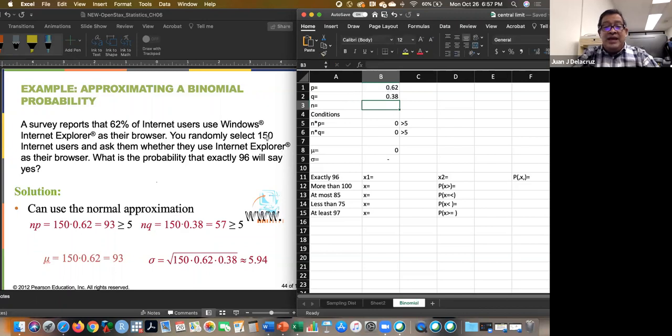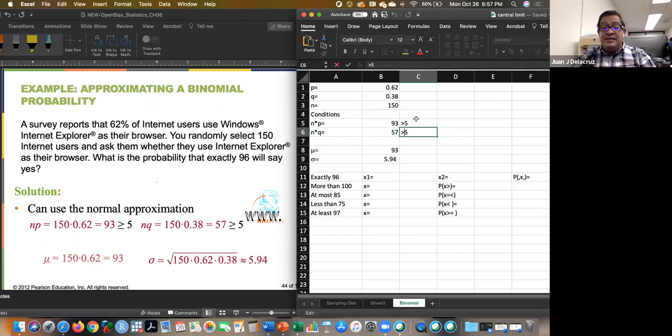And we have 150 people, that's our sample. As you can see, I already set up these equations here. I multiply n times p and n times q, and I found that these numbers are way higher than 5. So can I proceed with my normal approximation?